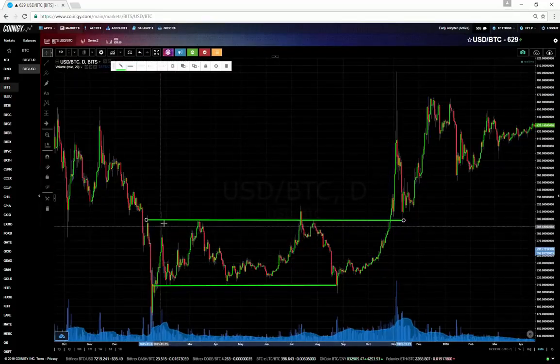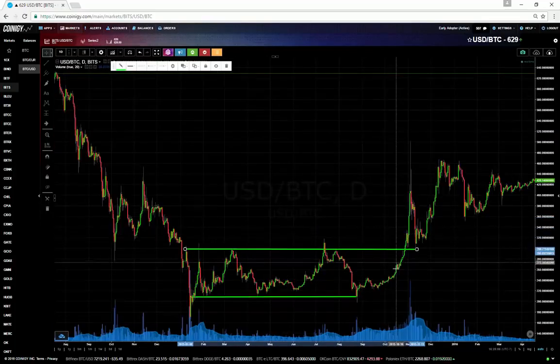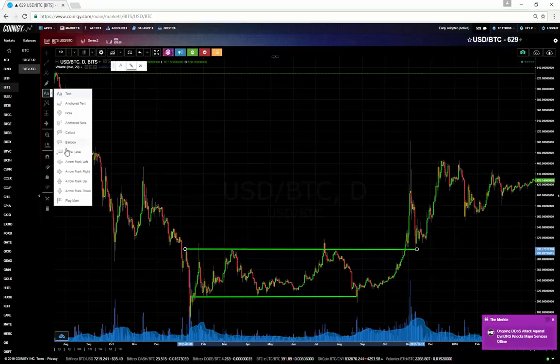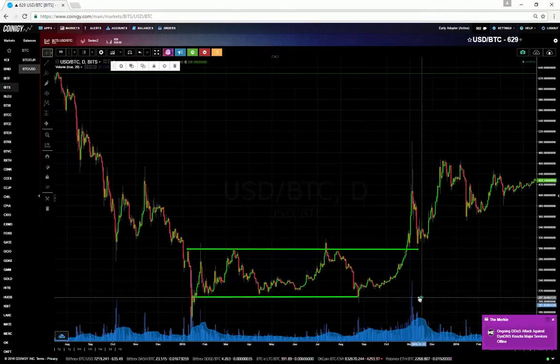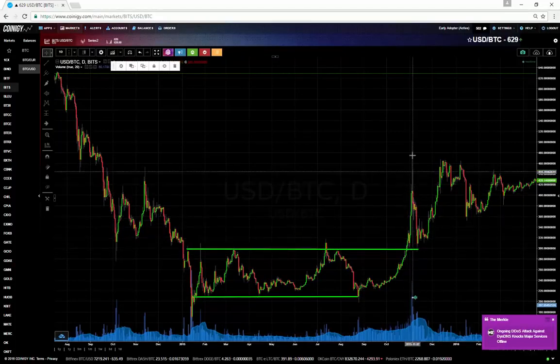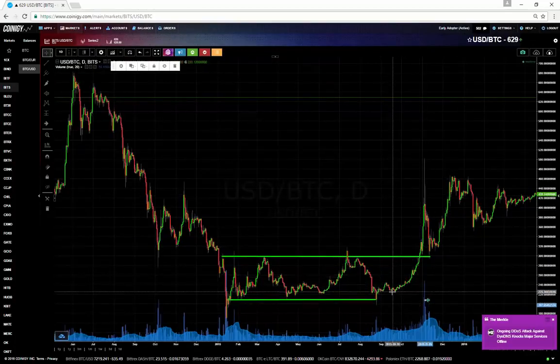For example, you see this range here, resistance is 300 USD, and the price gained enough volume and momentum to create a breakout. As we can see right here, we had a lot of volume coming in, and therefore the price broke out and hit a new range. So this created a new bull trend.